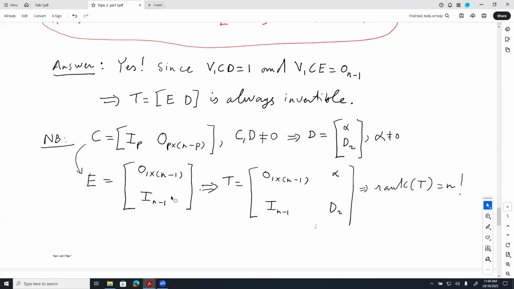And have a look at the matrix T here. If E is this form, and D is this form, this is always invertible, and it's always full rank.